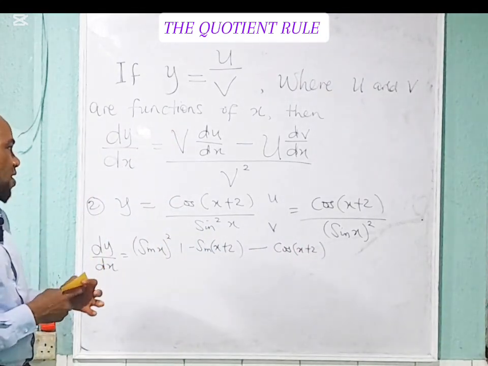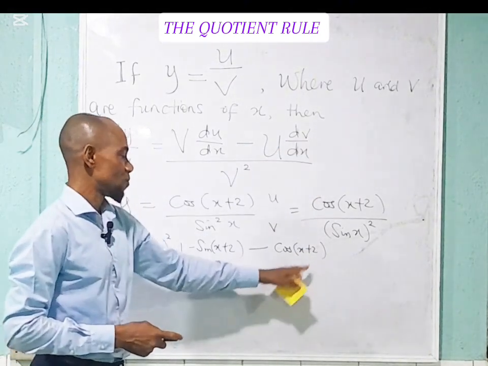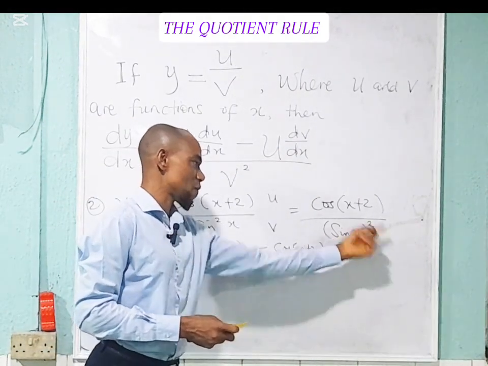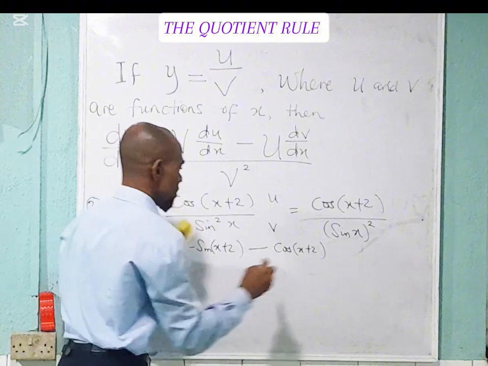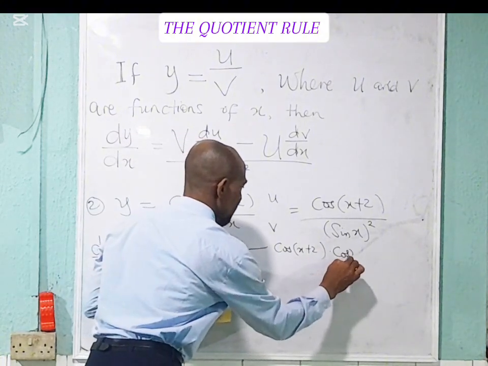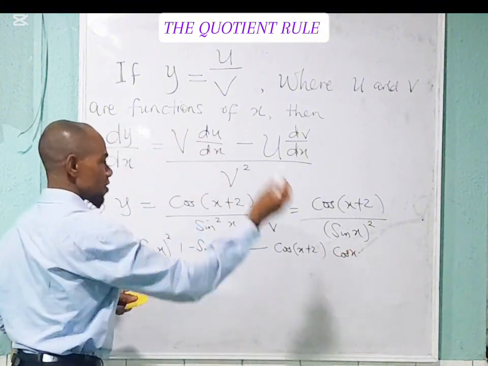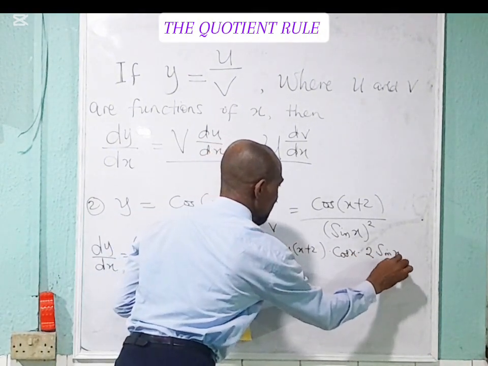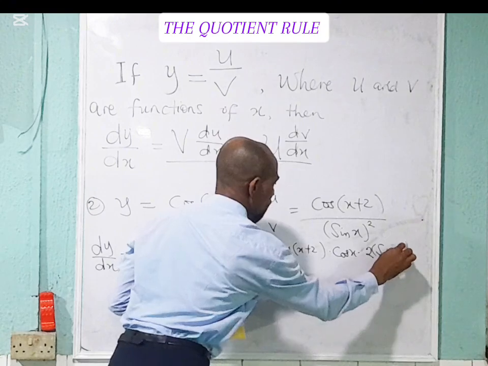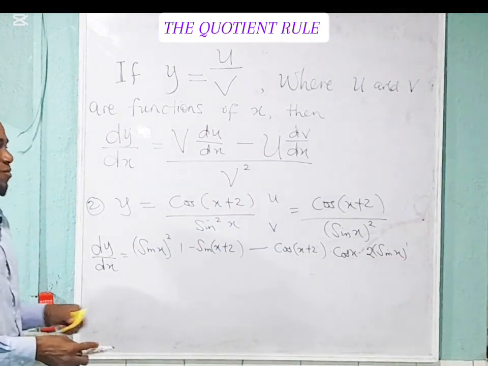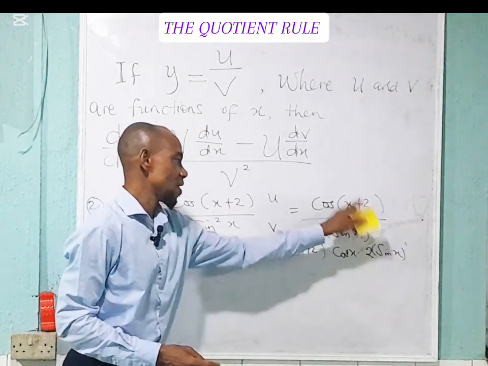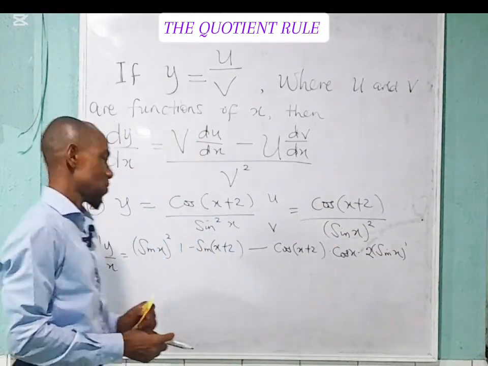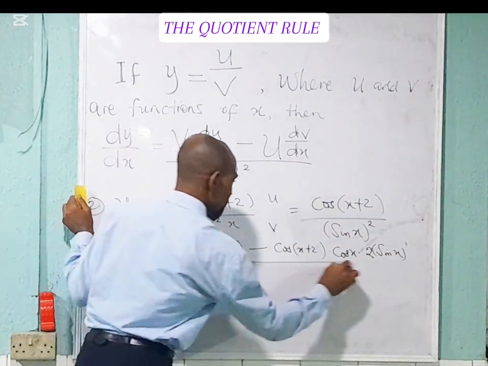Differentiating my v, the dv dx now. Remember, this is a function of function. Internal will give me cosine x, and external will give me 2 sine x, this time around with the power of 1. So internal cosine, external 2 sine x, all over.